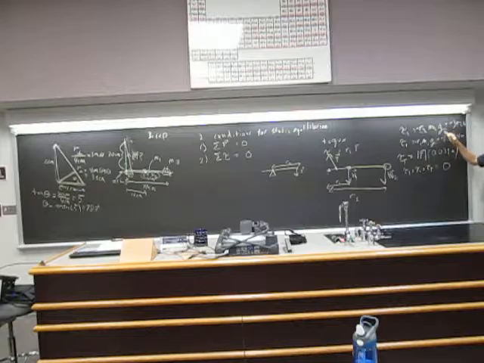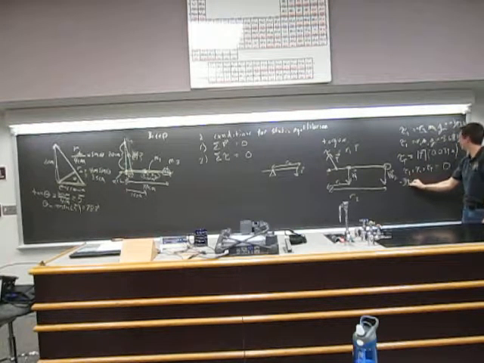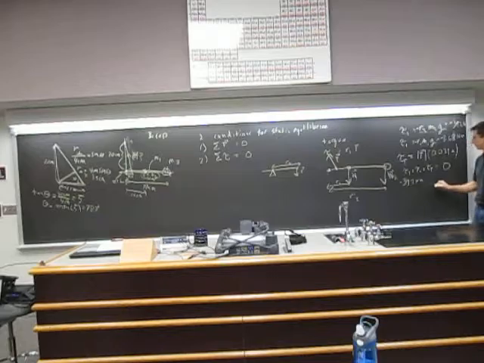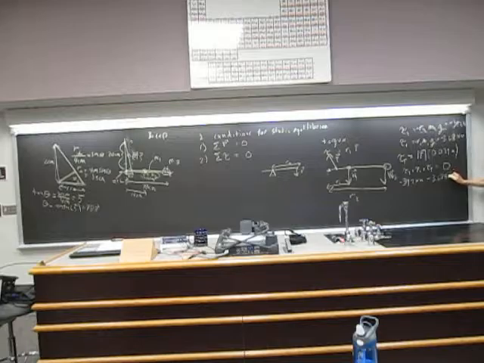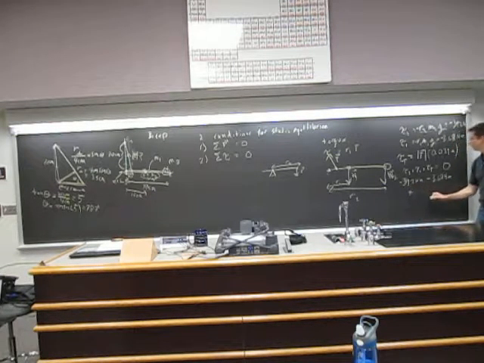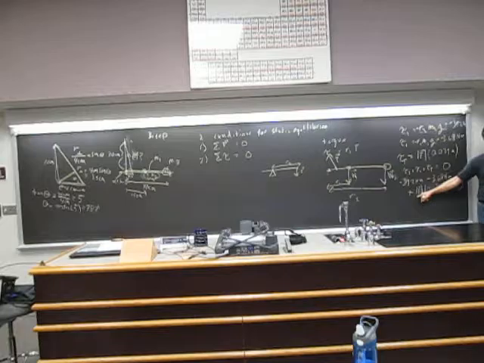Let's plug in numbers here with what we know. So I get minus 39.2 Newton meters minus 3.68 Newton meters plus the magnitude of the tension force times 0.039 meters is equal to 0. Can you solve for this tension force now?